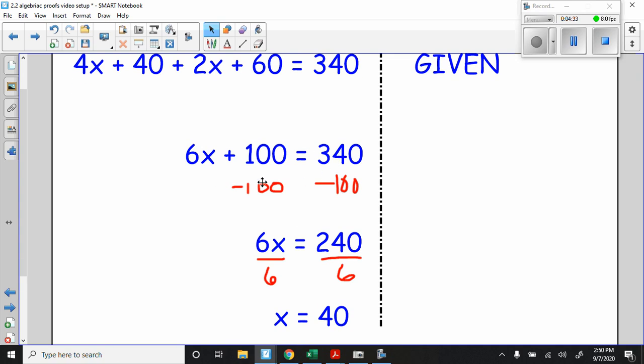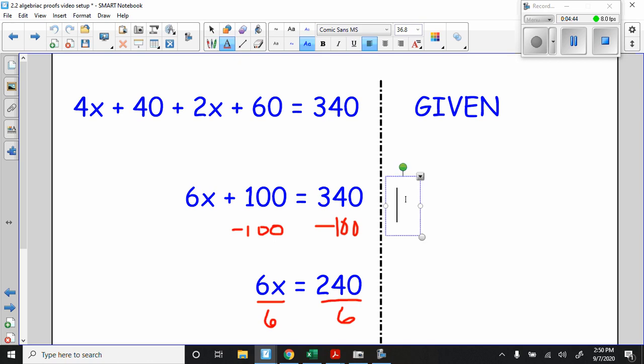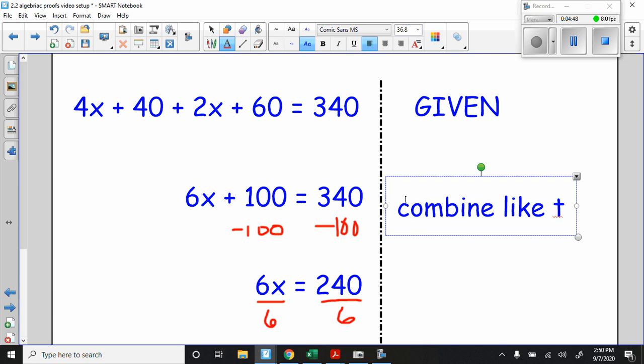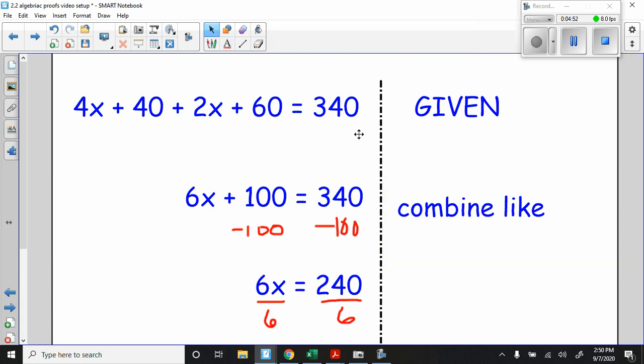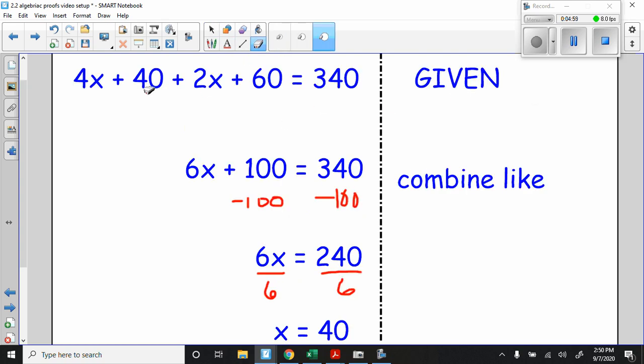What did they do? What was done to get to here? What was done was they combined like terms. And that's exactly what I can put: combine like terms. I'm running out of space, so I'll just put combine like terms. And that takes away all that red ink that was there.